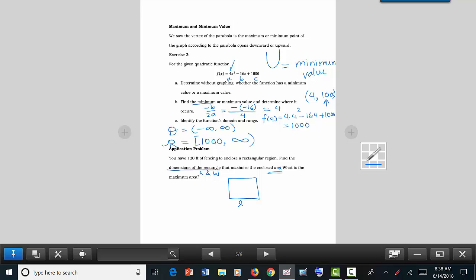Let's say the length is L and the width is W. And what we are maximizing, we always start with that. So we are maximizing area. Area is L times W.